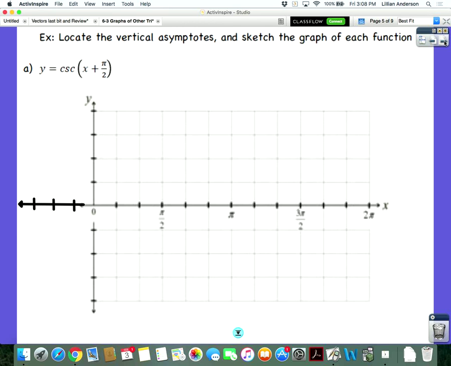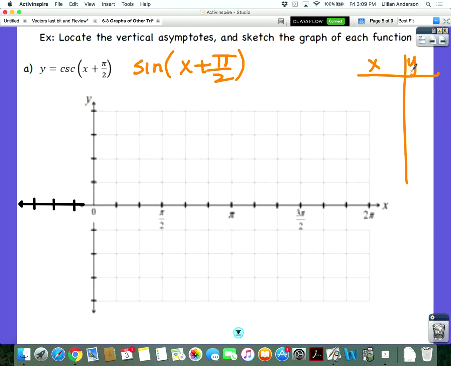Okay? So if you look at your notes, looking at this one, cosecant of x plus pi over 2. To graph this, you're going to graph this reciprocal. What's the reciprocal of cosecant? Sine. So this is actually what you're going to graph. You're going to graph this function instead. So, let's make our quick little table.